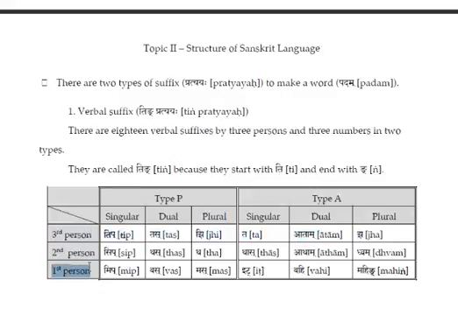The first person is the speaker, the second person is the listener, and anybody else is the third person. Then 3 by 3 is 9. Fine, but we still have 2 types, so 9 by 2 is 18. Why 2 types, we are going to see later.